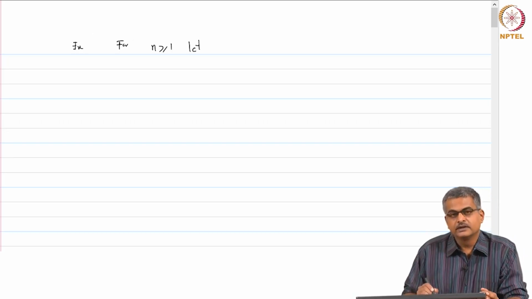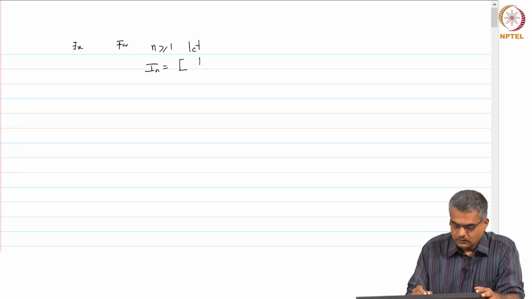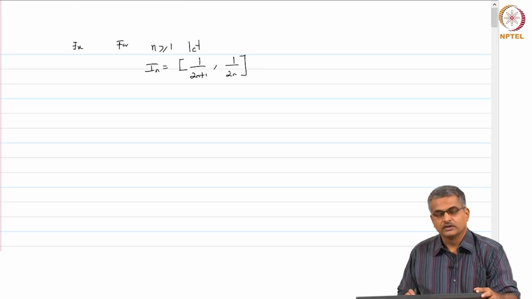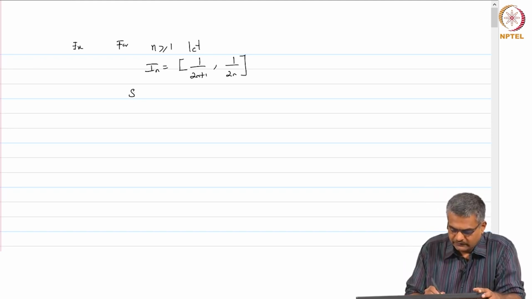For n greater than 1, let us define an interval I_n as [1/(2n+1), 1/(n+1)], where n is a set of integers greater than 1. And define the set S as the union of I_n for n equal to 1 to infinity.